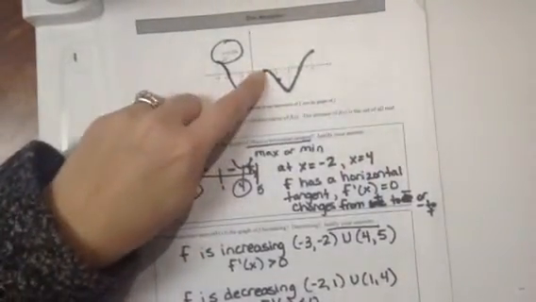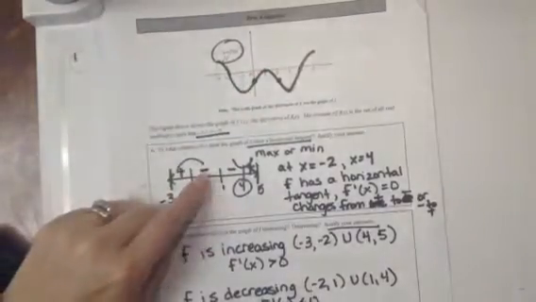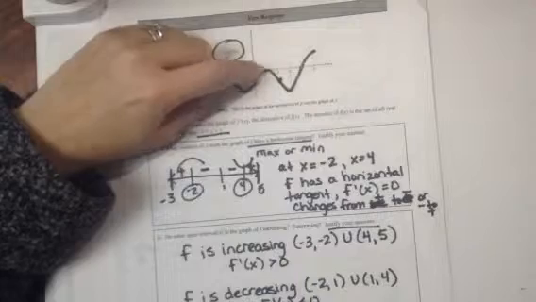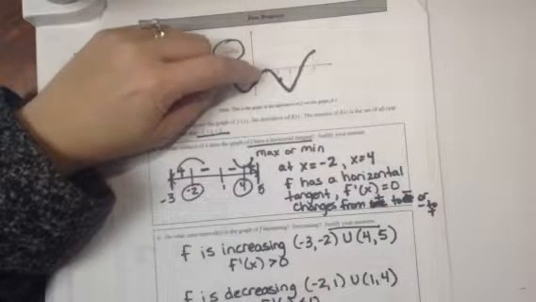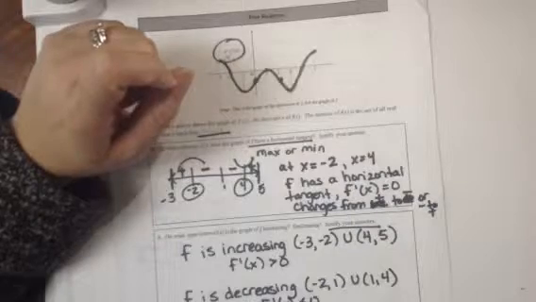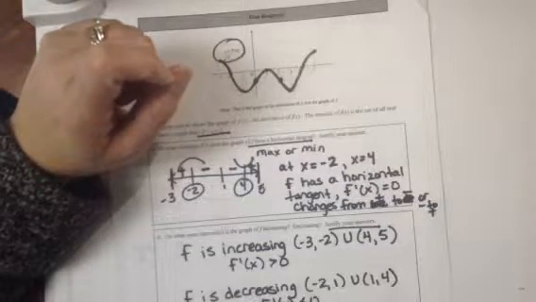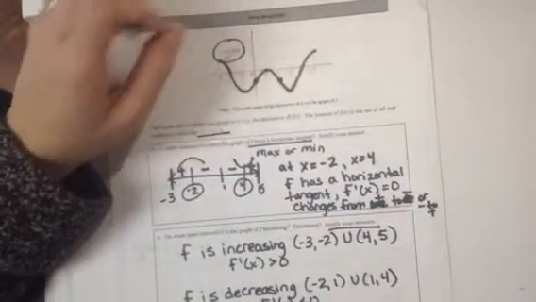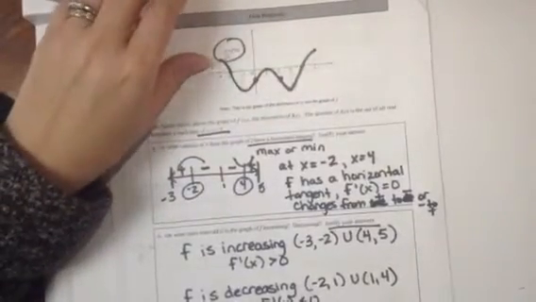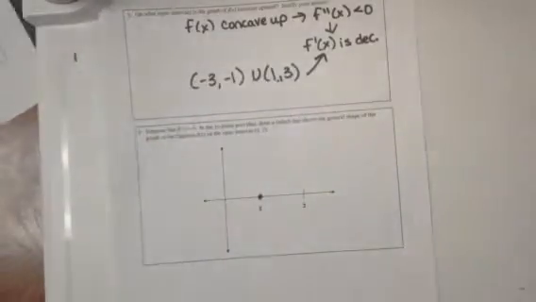Notice at 1, we did not have a sign change. So this indicates at 1, the first derivative is changing from increasing to decreasing. So there is a potential for a point of inflection there. It changes from increasing to decreasing, so that second derivative would change in concavity. So it's going to look like this.